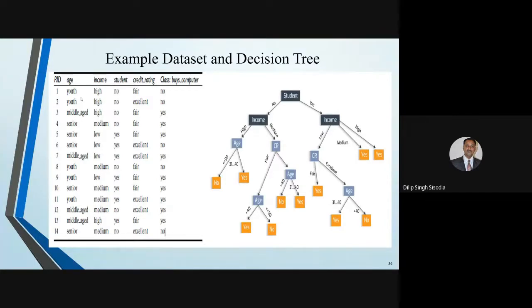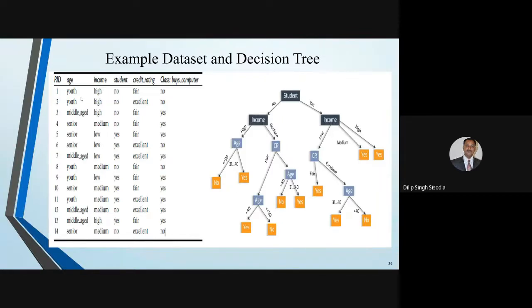If age is youth, income is high, student no, and credit rating fair, then he will not buy a computer. The decision is whether he will buy a computer or not. So we can say student no, income high, age less than 30, then buys computer will be no, and so on.